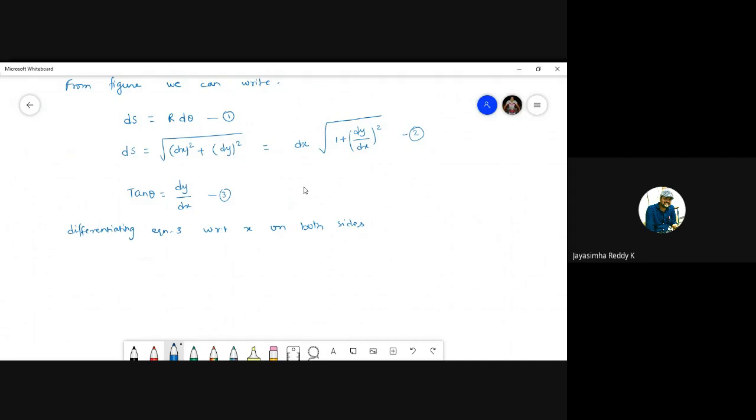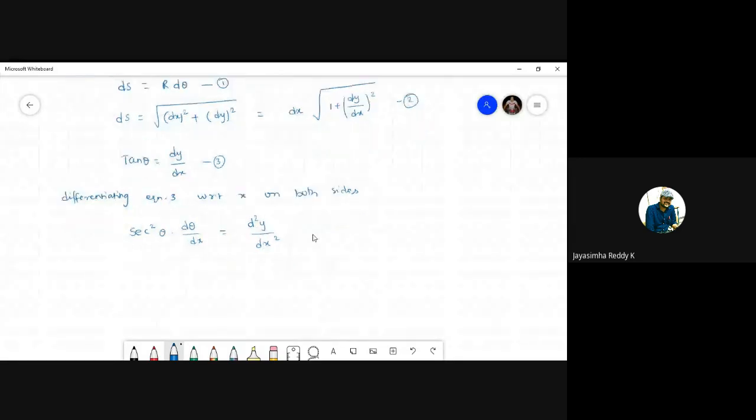Tan theta differentiated becomes secant square theta into d theta by dx, is equals to dy by dx, which becomes d square y by dx square. Okay, I'm differentiating with respect to x on both sides.